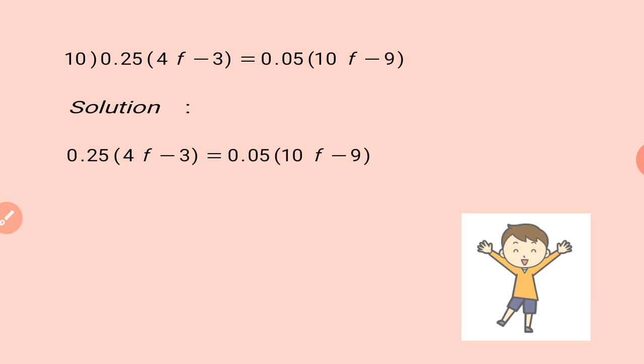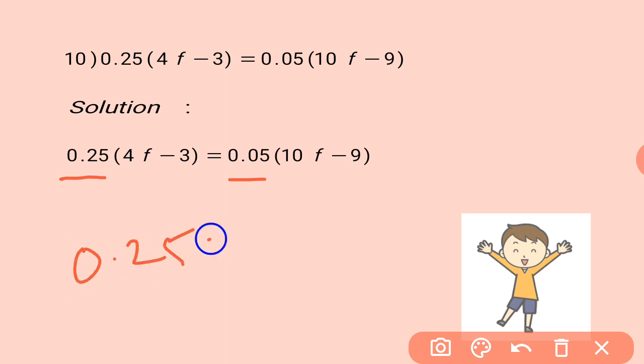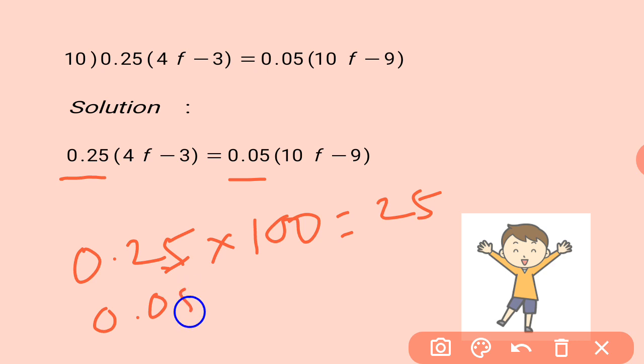If you check both the numbers, 0.25 and 0.05, they have two decimal places. If I multiply 0.25 into 100, I'll get 25. Moreover, if I multiply 0.05 into 100, I'll get 5.